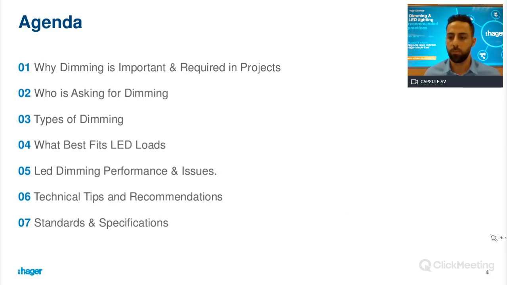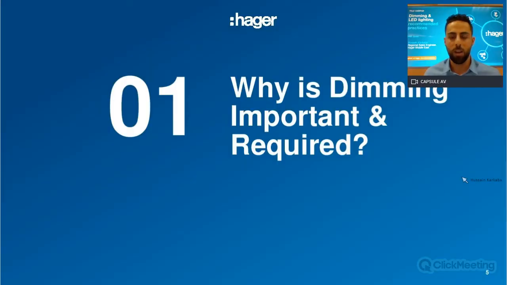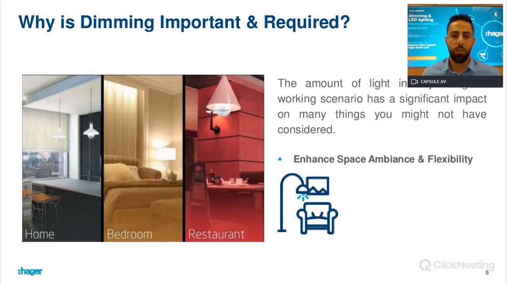So here we start. Why dimming is important and required. Simply, dimming follows the lighting installation in every project, and it has a vital role in the electrical components package.